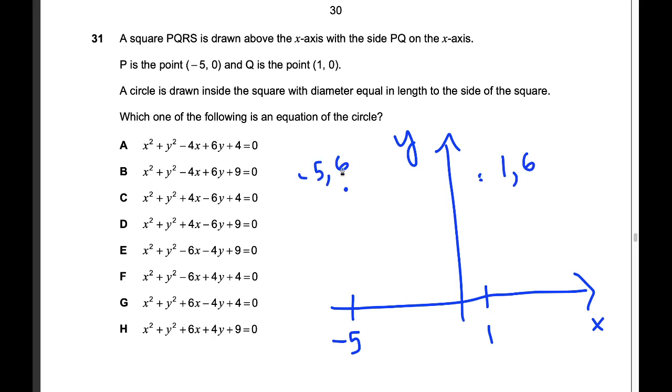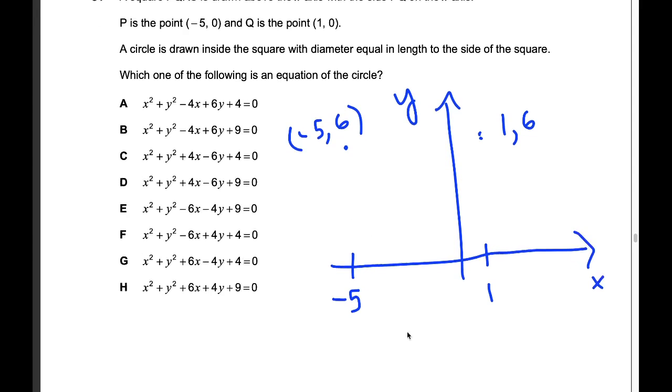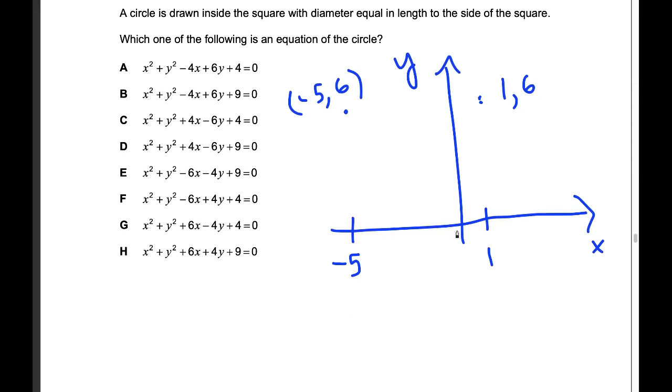I don't actually think you need this, so maybe don't bother if you're doing this in the exam. You're looking for a circle where the length of the side of the square is the diameter, so the radius is just going to be half of 6, which is 3. So we know we're going to have a 3 squared on this side of our equation.